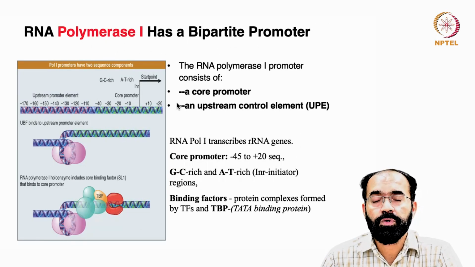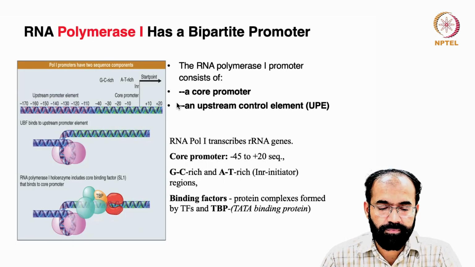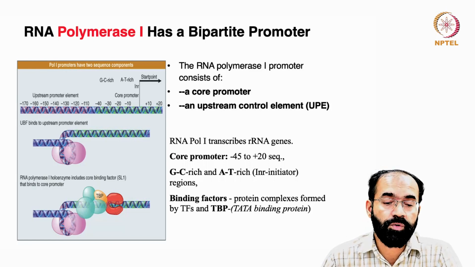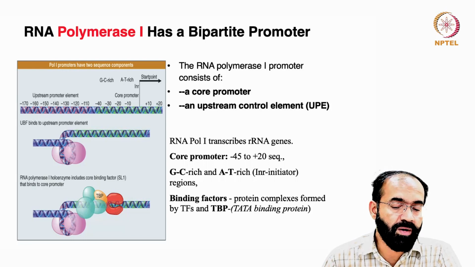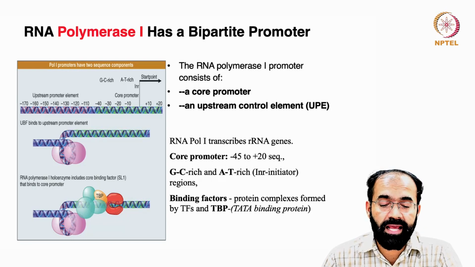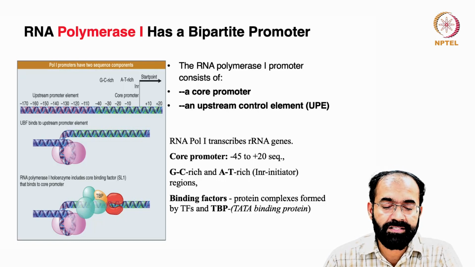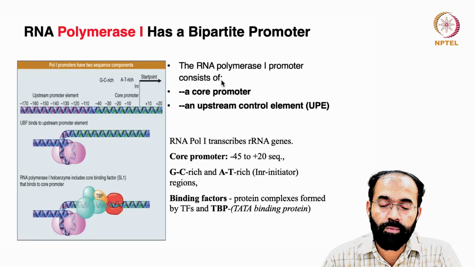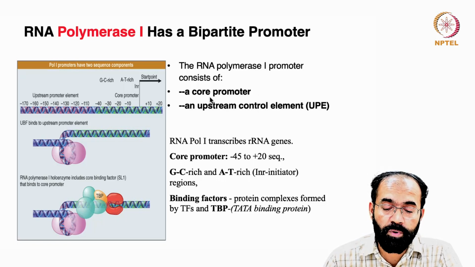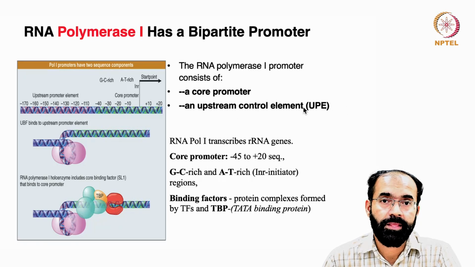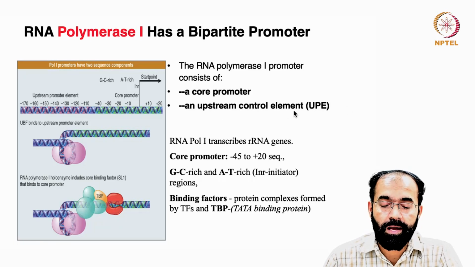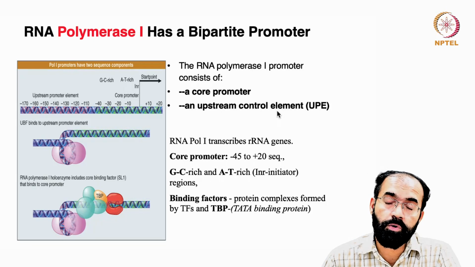So now we have seen RNA polymerase II, we can look at whether there is any unique feature in RNA polymerase I. This is called a bipartite promoter. That means it has sequence elements upstream as well as downstream, and this promoter has a core promoter region and an upstream control element, UCE.